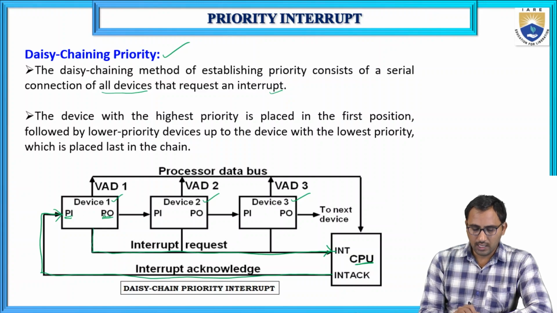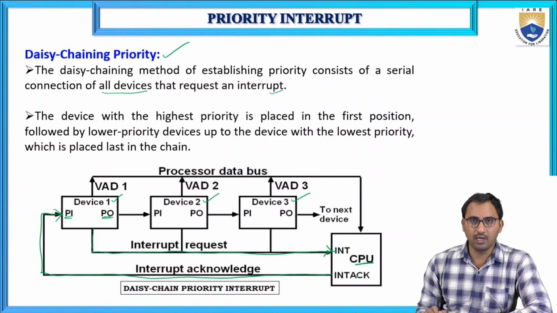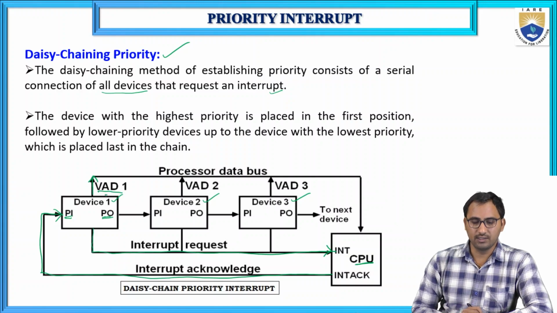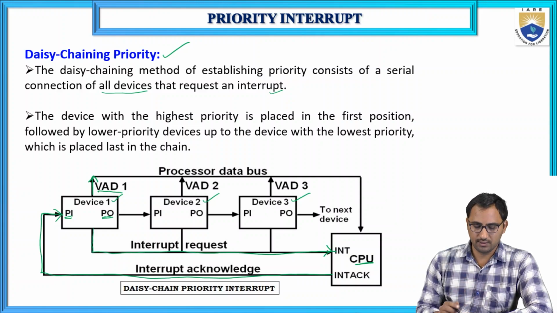Whenever the first device receives an interrupt acknowledgement from the CPU, it will generate a vectored address. Vectored address means the device has an interrupt service routine program at a fixed address.